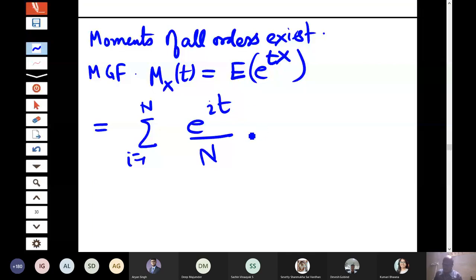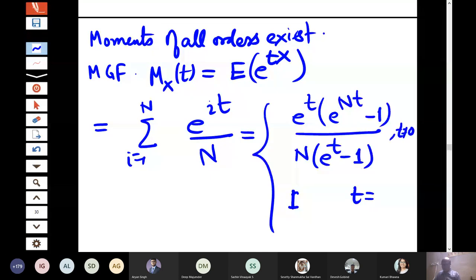So you know the sum of this one also. So this is e to the power t into (e to the power nt minus 1) divided by n into (e to the power t minus 1). Of course, this is for t not equal to 0, and if t is equal to 0, then this is 1. In fact, the value of the moment generating function is always 1 at t equal to 0. Okay, so this is all about this simple distribution.